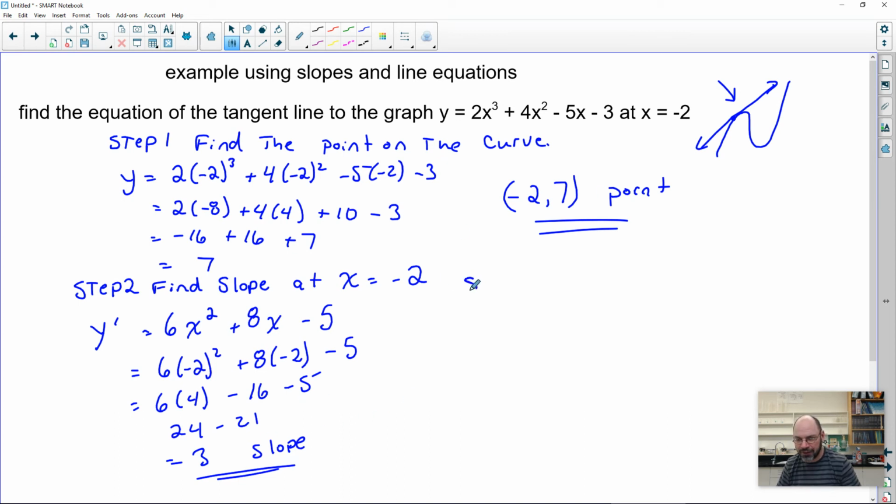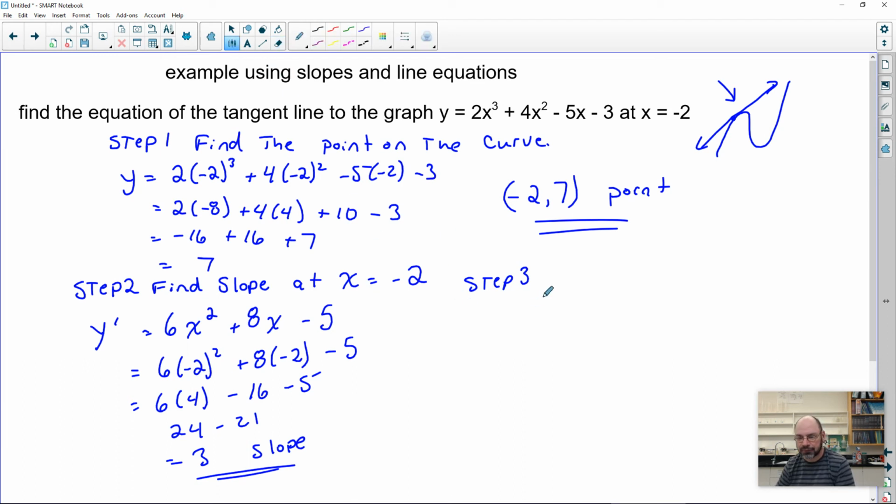So step 3, okay, is to use y equals mx plus b, or actually we can't use that one. We don't know the y equals mx plus b. Use the point-slope form of the line equation, okay?